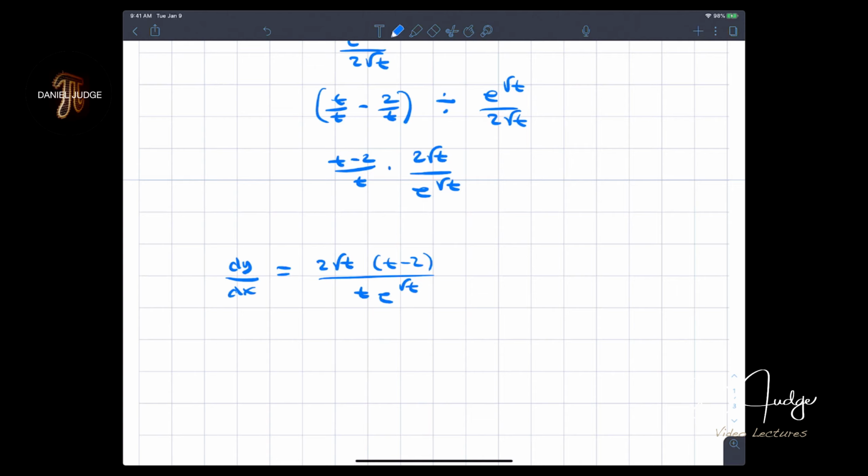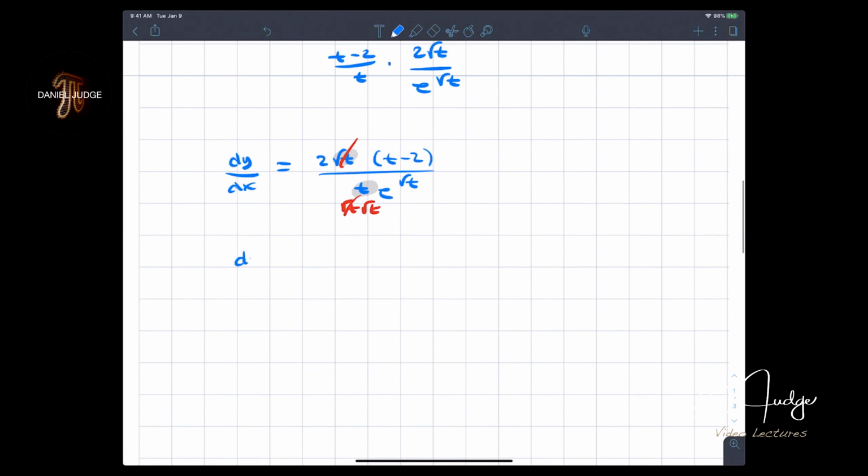Now, I'm just trying to double check to see if we made a mistake anywhere. We can simplify some more here, by the way. If you guys notice, square root of t cancels, and here's what you can get: 2t minus 4 over the square root of t, e to the square root of t.